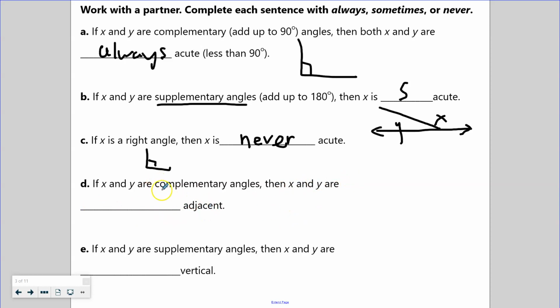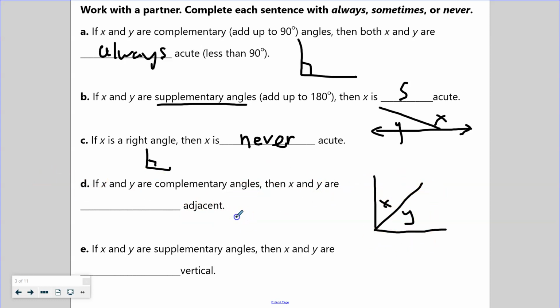So complementary, they add up to 90 degrees, right? So if these are in here, we would say that X and Y, we would have to say they are always, sometimes, or never. Now, if you have it like this, that is true, right?